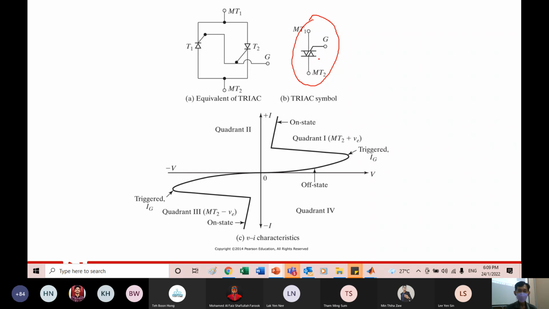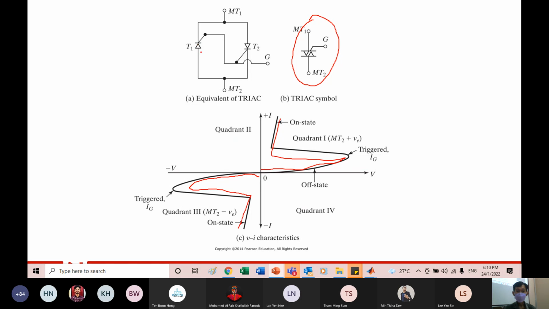Basically, when you open this up, you can construct this with two thyristors. You can see anti-parallel, parallel but in the opposite direction. So you will have both the first quadrant and the third quadrant.